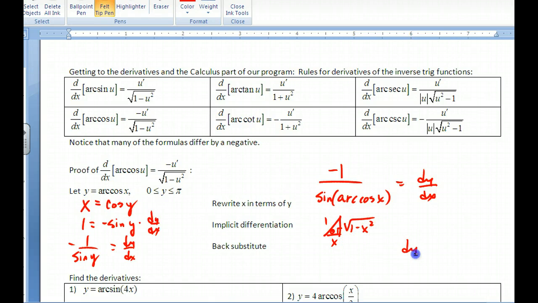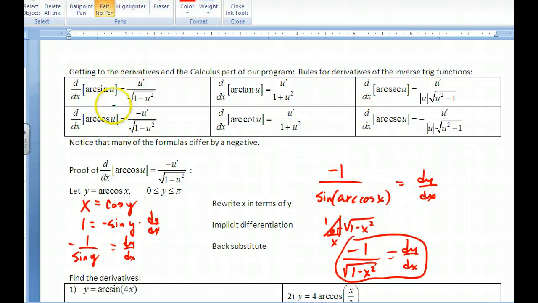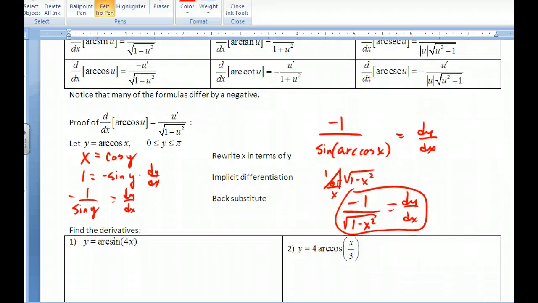So dy dx is going to be equal to negative 1 over square root of 1 minus x squared, all over 1, but I ignore the 1. I don't need that. So there we go. So that's the proof. And then with these, since they're a function with u, we have to chain off the u. So if we use some of these rules, let me do this screen bit here.